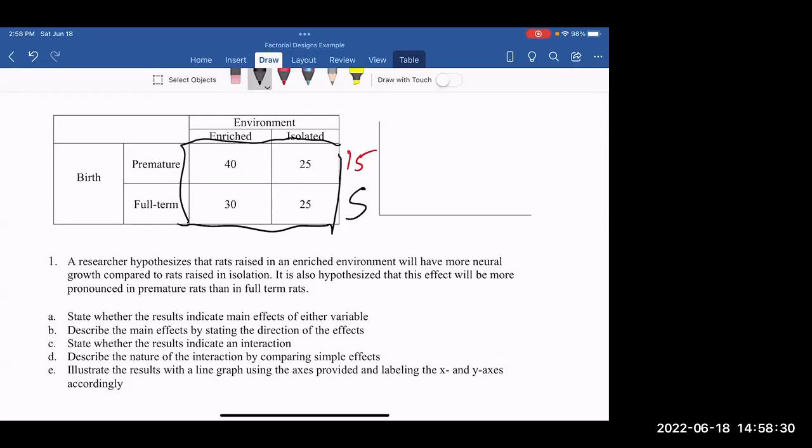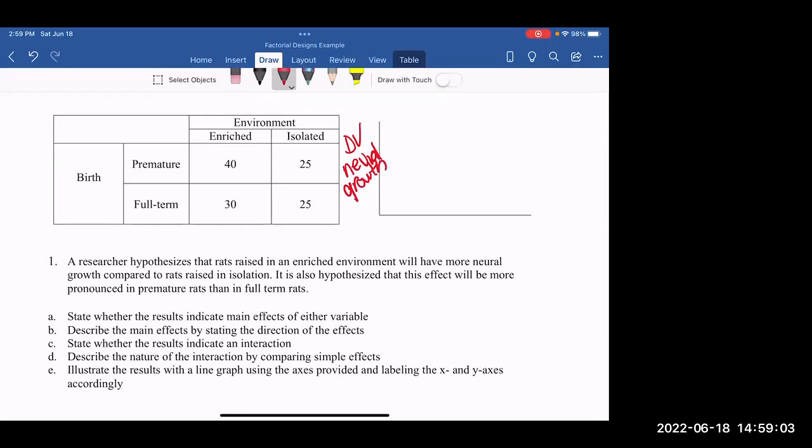Okay, but the first thing we need to do is we need to label our X and Y axis. Okay, so what we're going to do is in the Y axis, we are going to label our dependent variable. So our DV is neural growth.